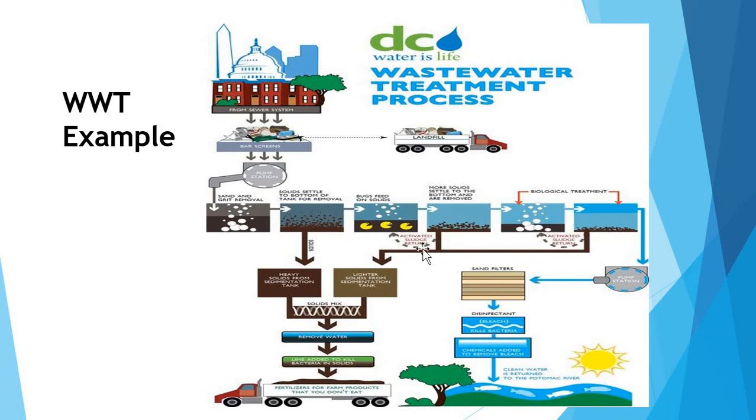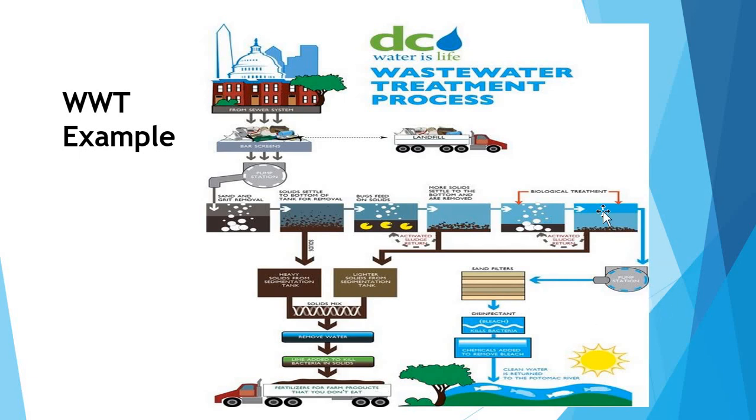These sludges are collected, and then water is removed from them, and some disinfection is done to kill the bacteria, and then it can be used as fertilizer in the farm.